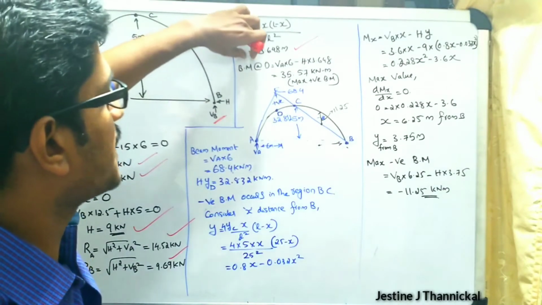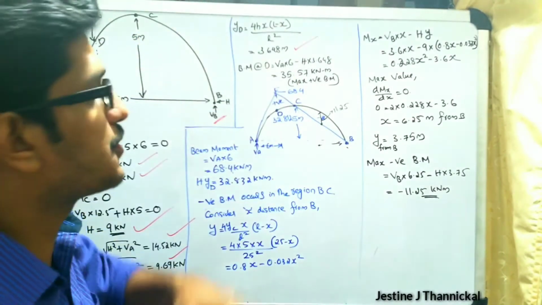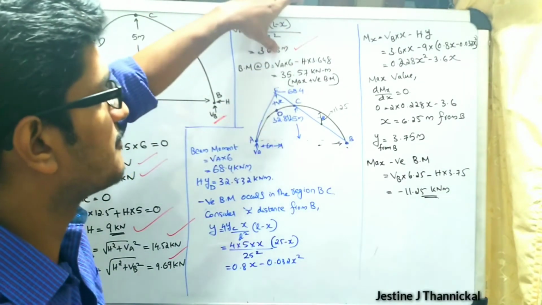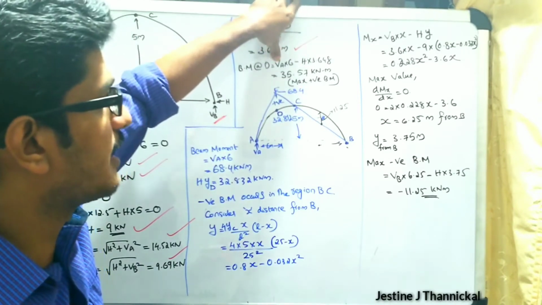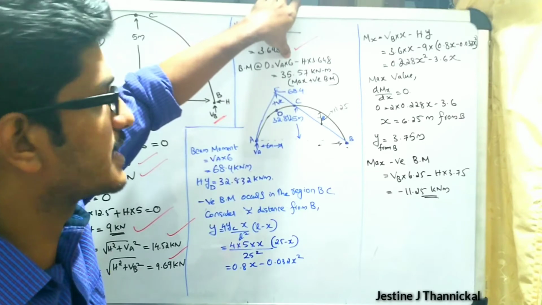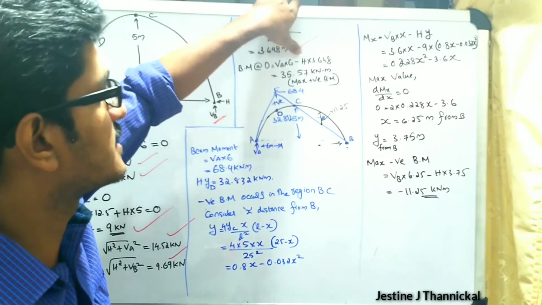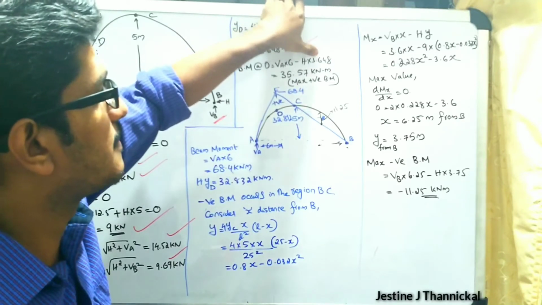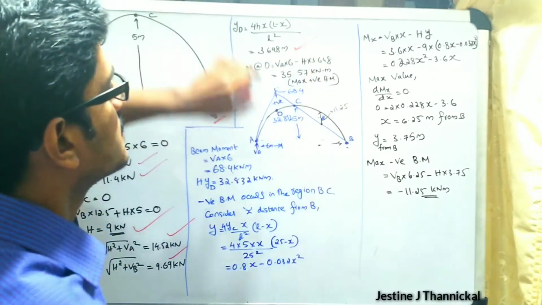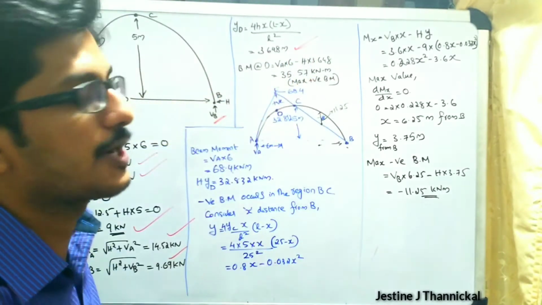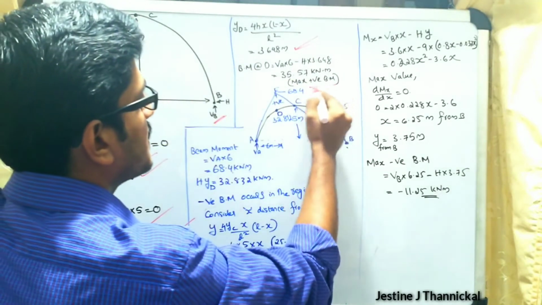And we know the bending moment at D. To find it, we multiply the vertical force at A into 6, that is the horizontal distance, minus H into 3.648 that we obtained here. So finally you will get 35.57 kilonewton meter, that is the maximum bending moment.